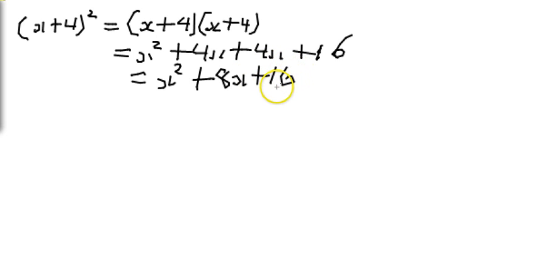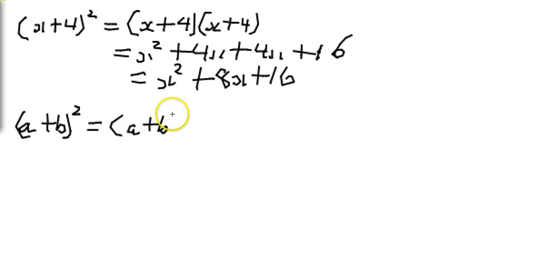Now, is there a faster way to do this than writing this part out? And yes, there is. So let's just take a look at this with a general case. If I do a general (a plus b) squared, again, what we'll do is just what we did above, only now everything is a variable.